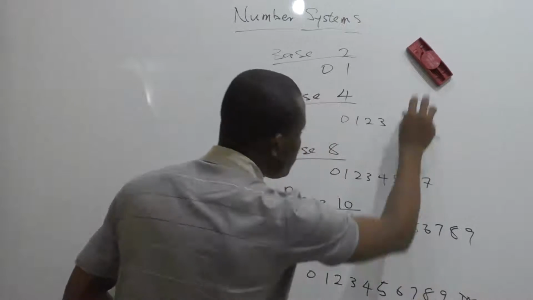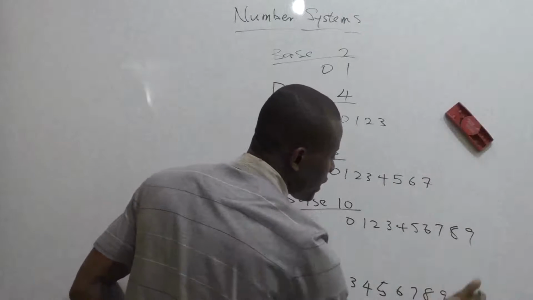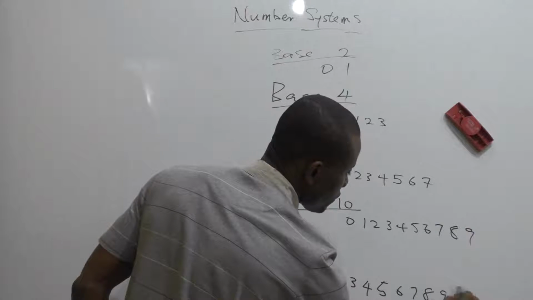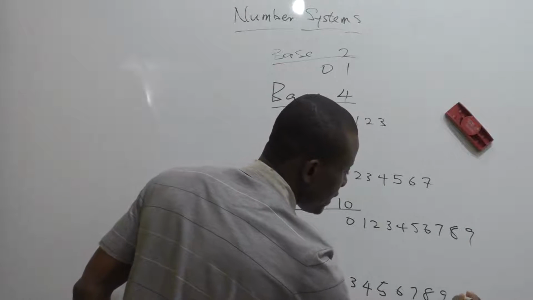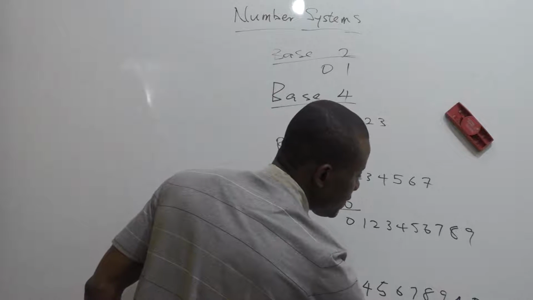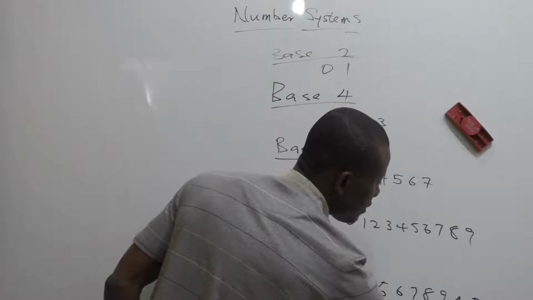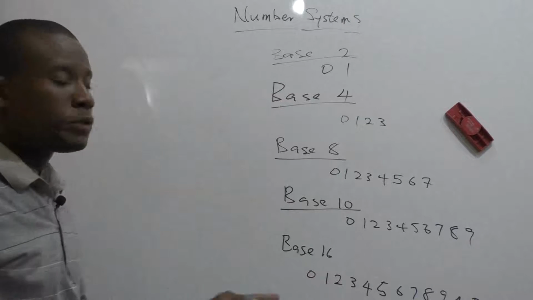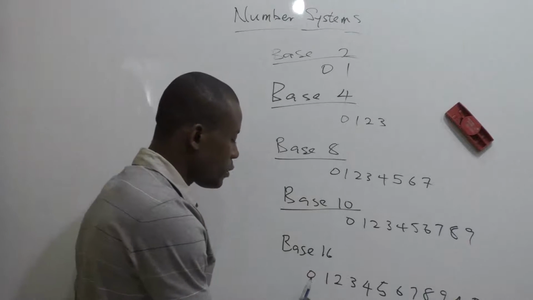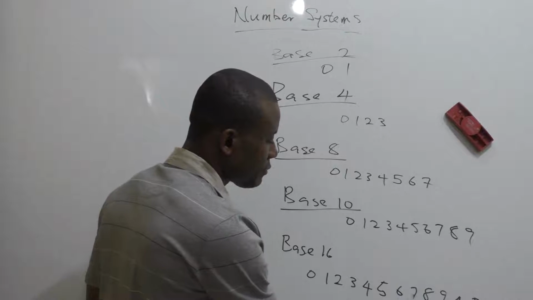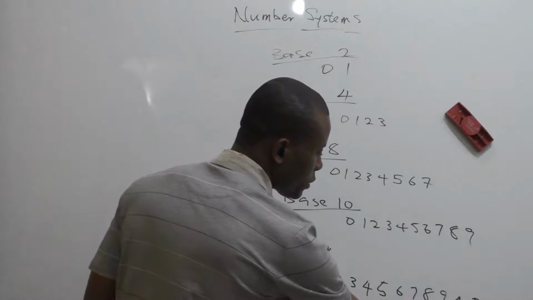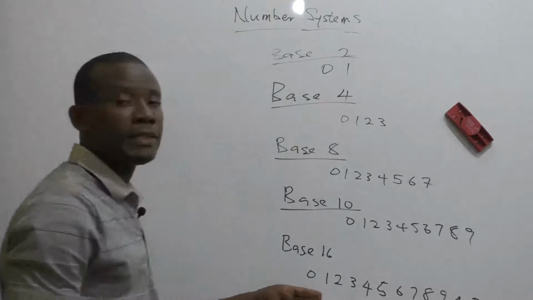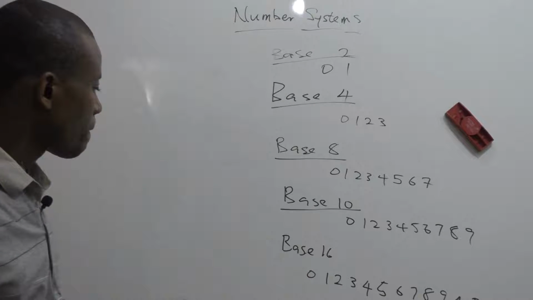From 9 the next ones are A, B, C, D, E, F. So if you count the number of figures, it's 16. So this is base 16.